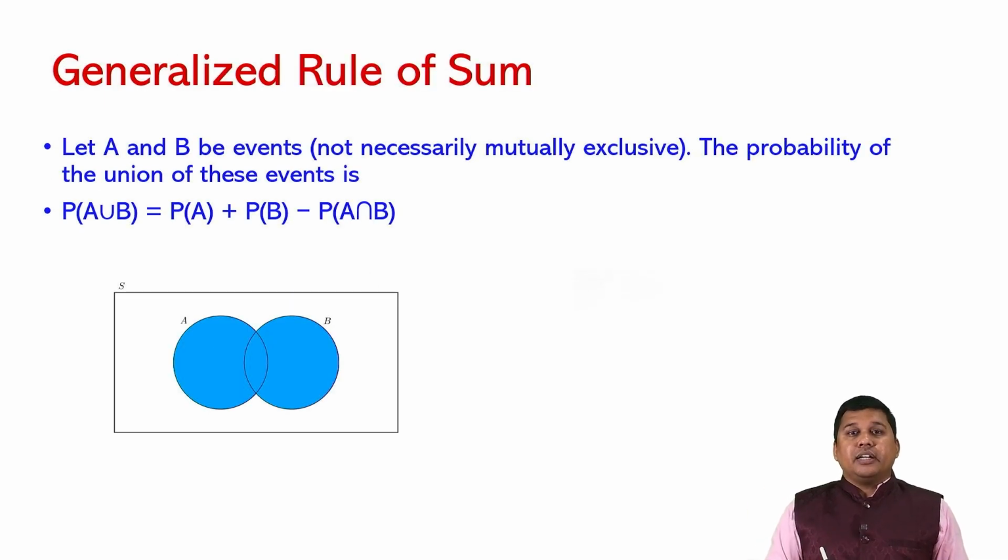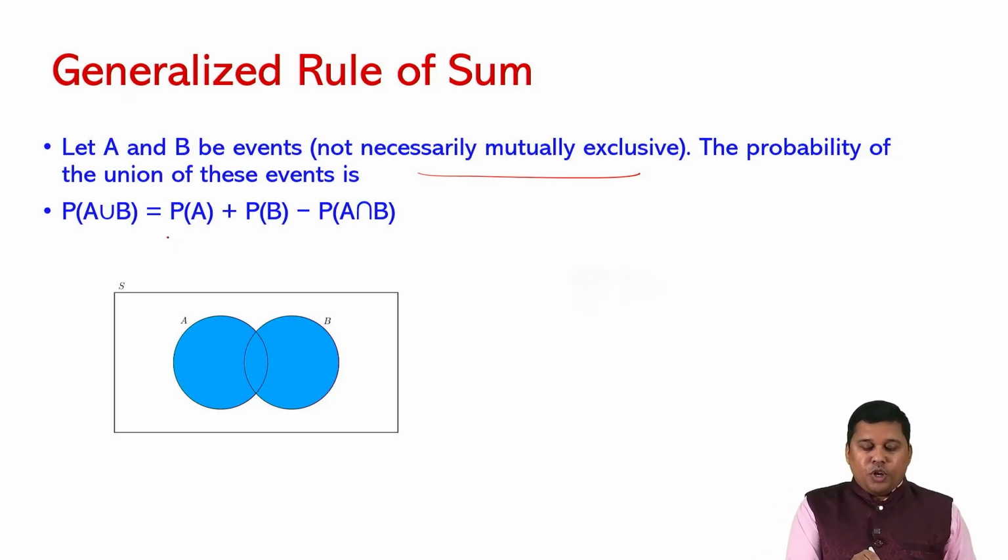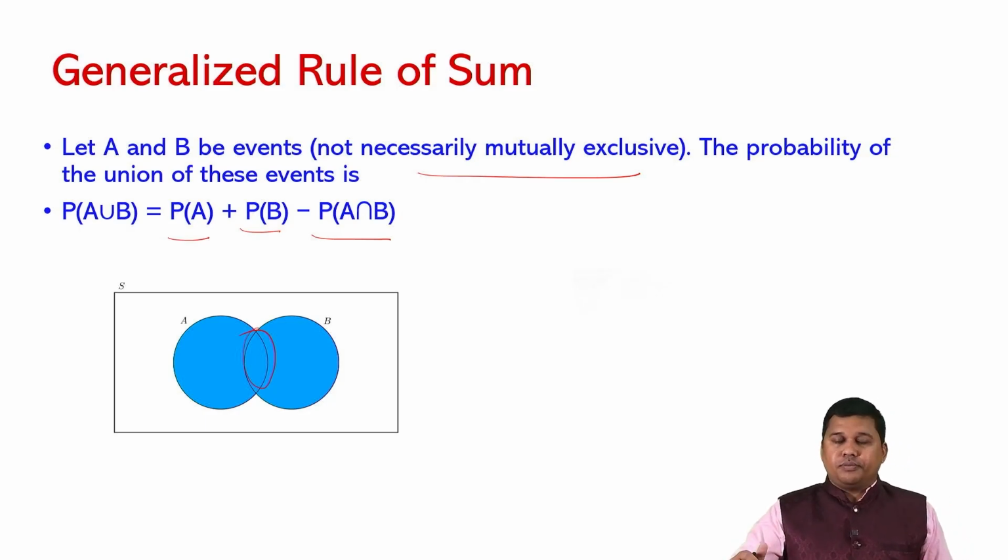And if they are not necessarily mutually exclusive, that is the generalized rule of sum: P of A union B equals probability of A plus probability of B minus the probability of A intersection B. There are some common outcomes in both events, so we apply this as the sum rule.